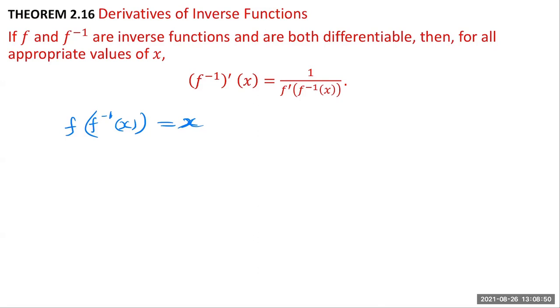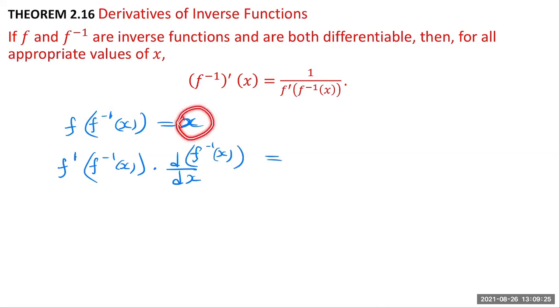Now what I'm going to do is differentiate both sides with respect to x. If I differentiate my left-hand side with respect to x, by chain rule, we get f prime of f inverse of x times the derivative of f inverse of x, by chain rule. The derivative of the right-hand side is just 1.